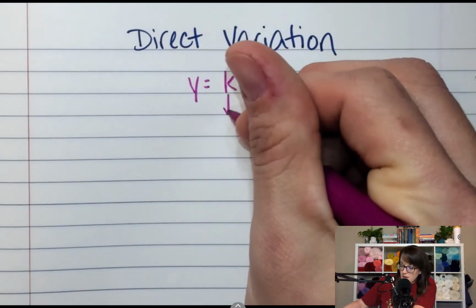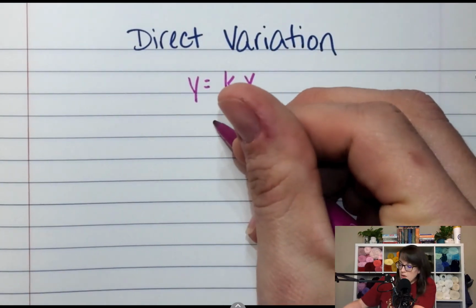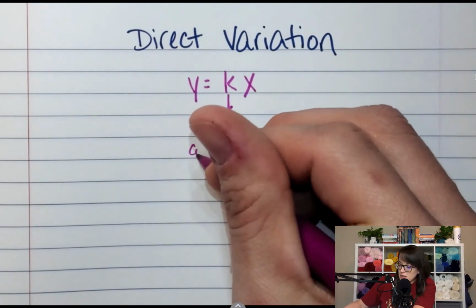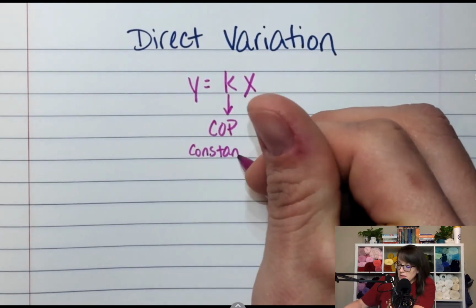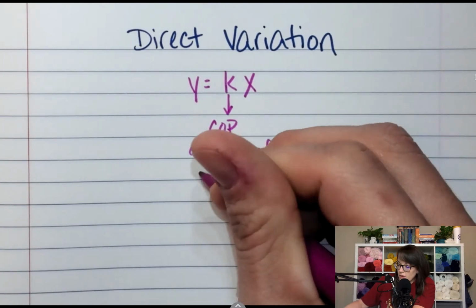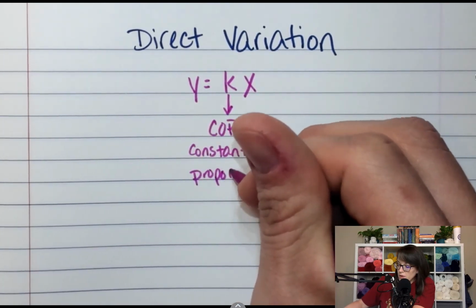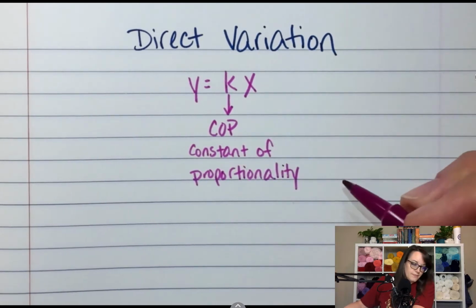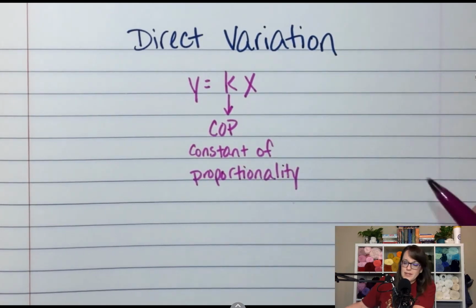Now, k we call the COP. It is the constant of proportionality. I'm like, I don't know what that is.